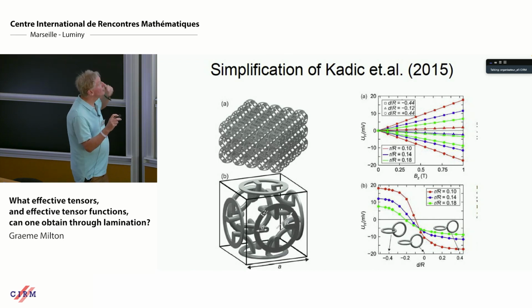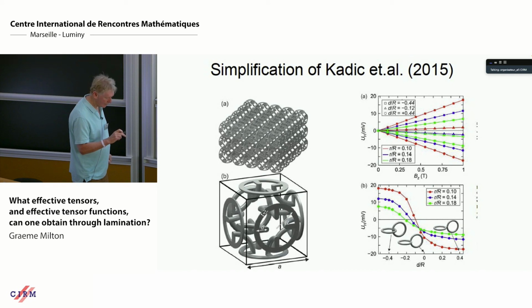Again, this is the group of Martin Wegener, in particular Muamer Kadic, and I think Christian Kern realized that you could do this not with 3 materials, just with 2 materials. Instead of having a ball between the rings, you could just have a bridge. They numerically found that the Hall coefficient changed sign.